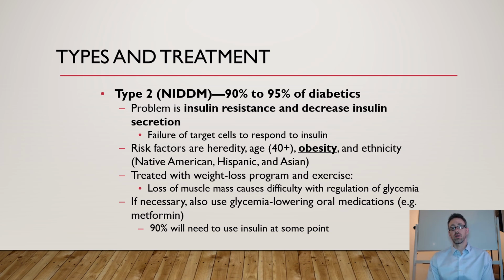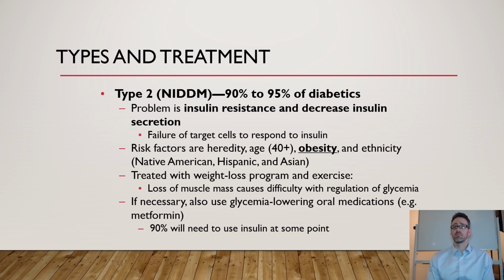If it's necessary, which it is for many, you also have to use glycemia-lowering oral medications like metformin, for example, or sulfonylureas. Interestingly, sulfonylurea is a secretagogue. It acts on the beta cells and blocks the ATP-dependent potassium channels that I spoke about.